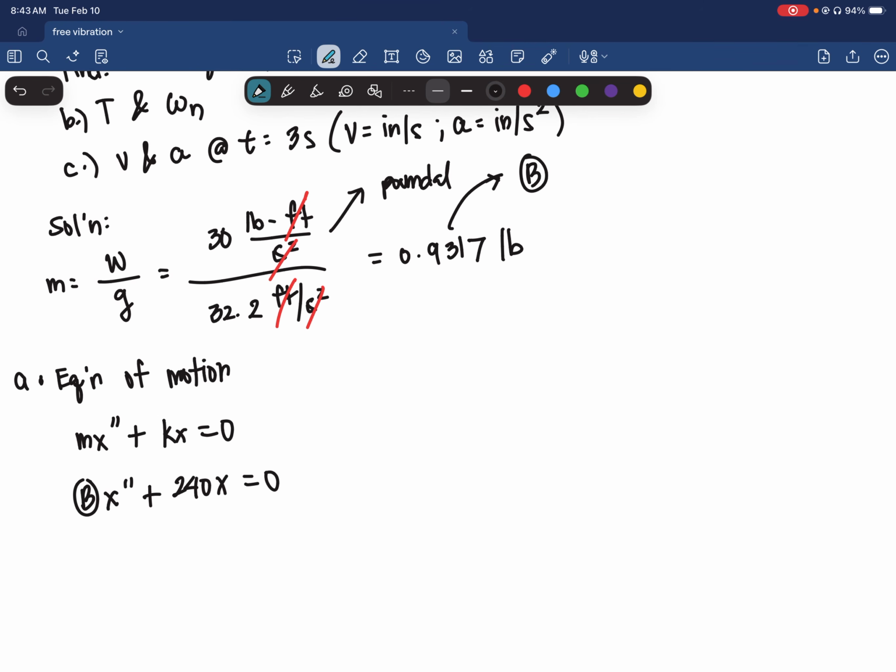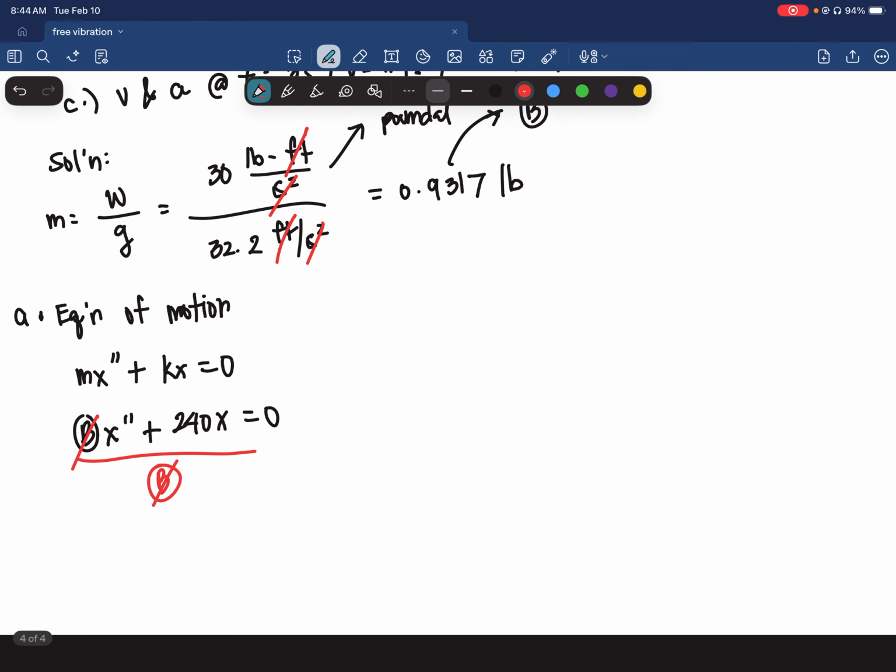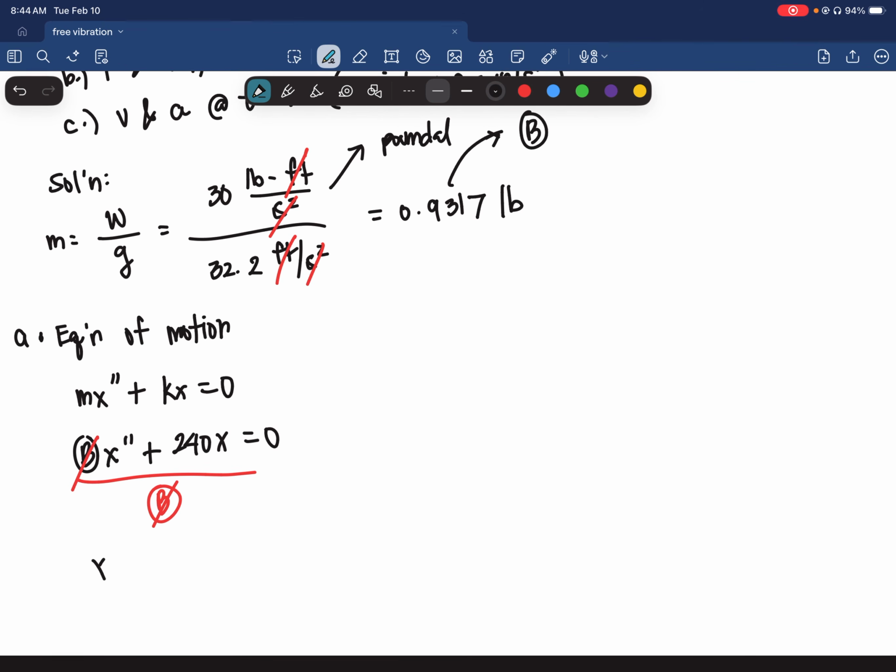Now, divide both sides by B. This cancels, and we end up with x double prime plus 240 over B, that is 257.6, x equals 0.